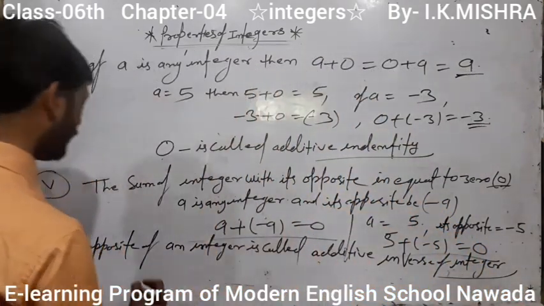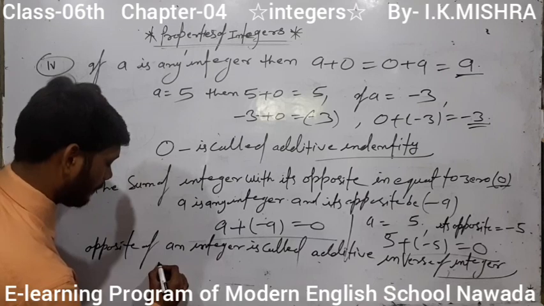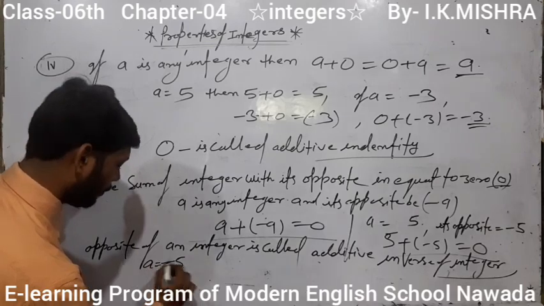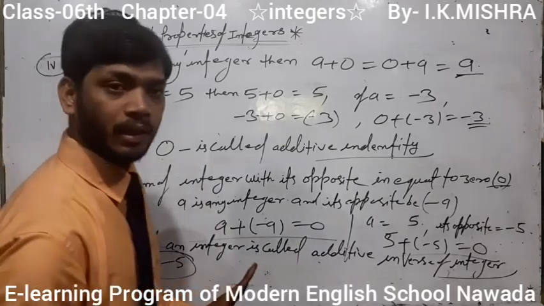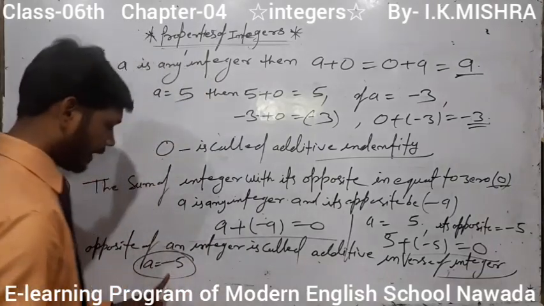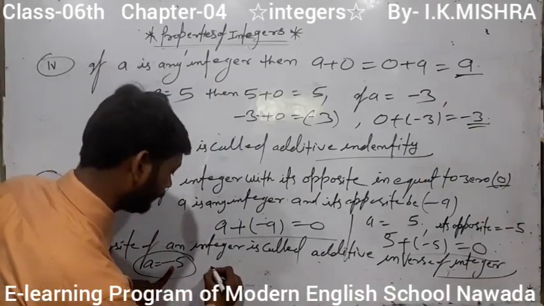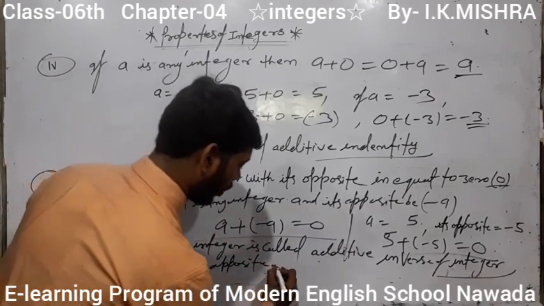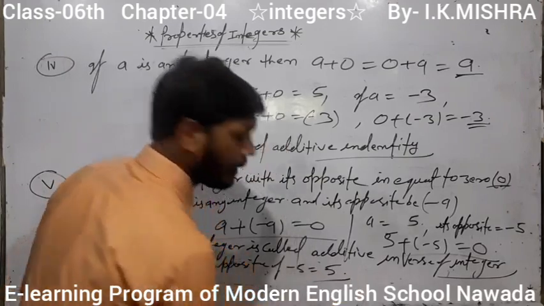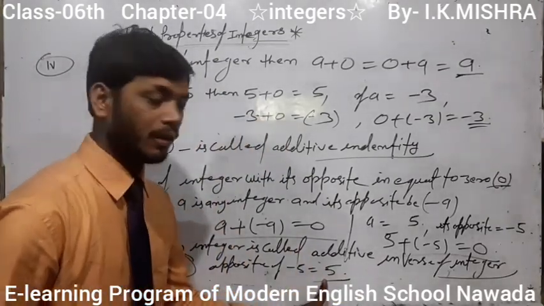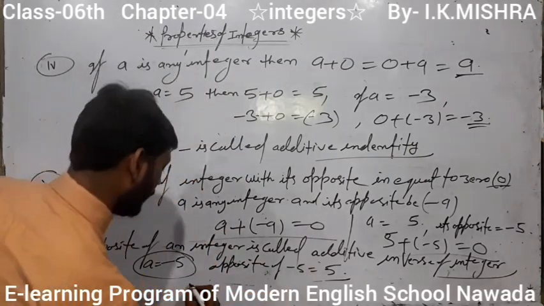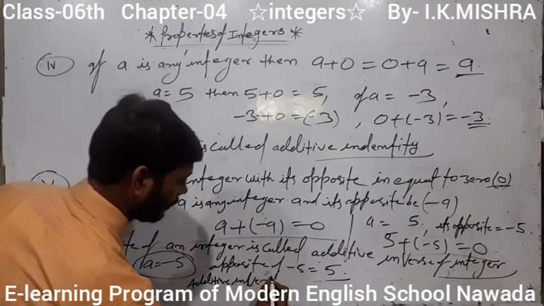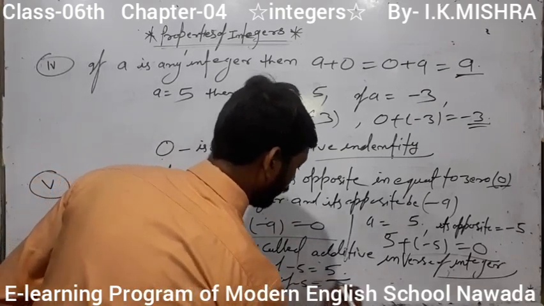Suppose, students, here minus 5 is an integer, A equal to minus 5. Students, its negative, that means the opposite of minus 5, is equal to 5. Students, 5 is called the additive inverse. So the additive inverse of minus 5 is equal to 5.